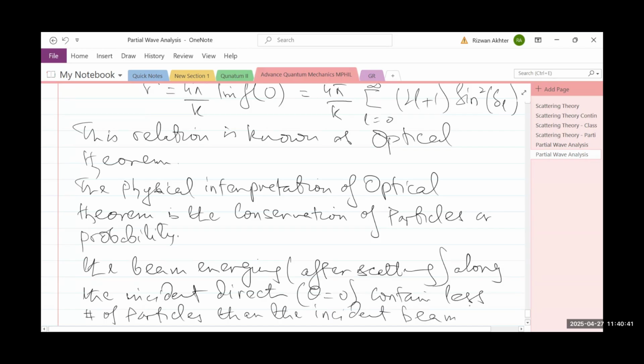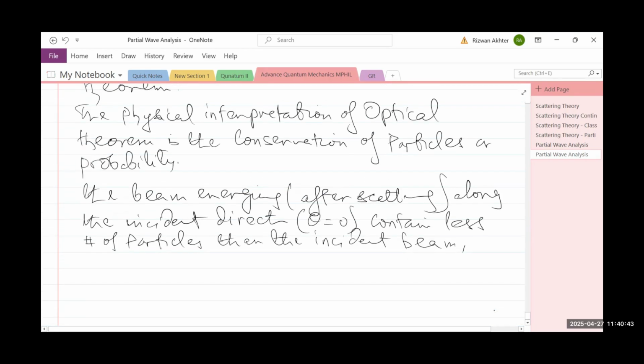And this can be attributed to the fact that a number of particles have scattered in different directions.